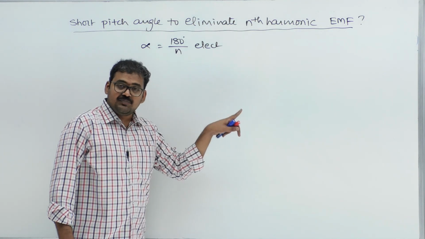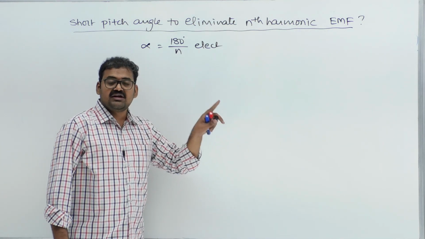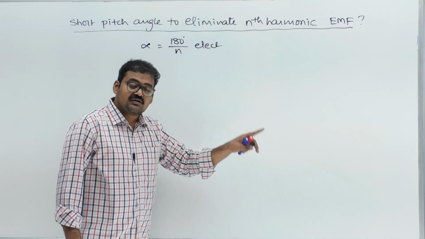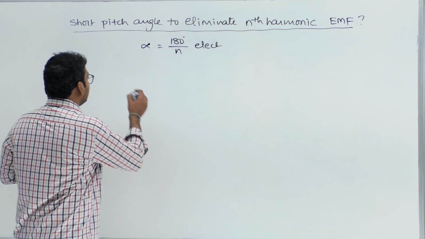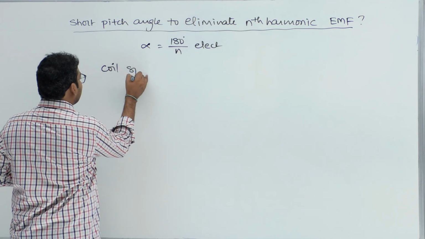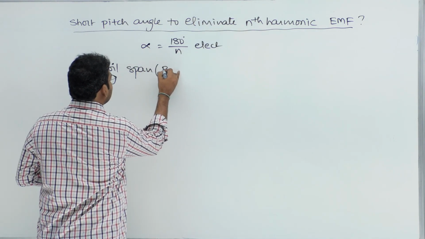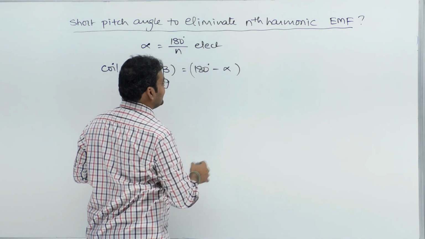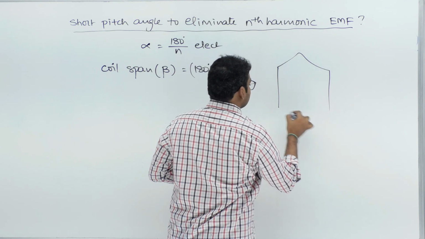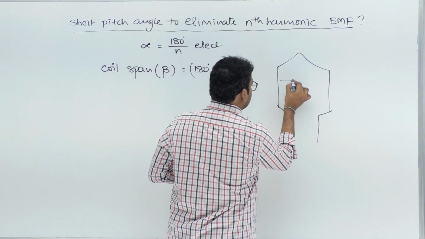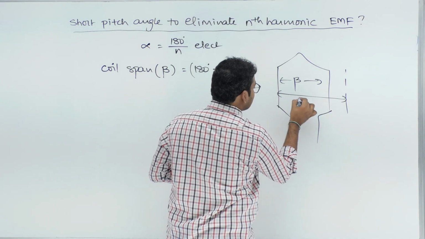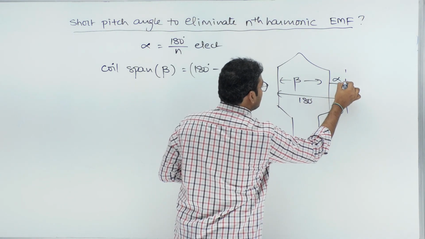If this is the short pitch angle required to eliminate nth harmonic EMF, then what is the coil span during this condition? We know coil span beta is always equal to 180 degrees minus short pitch angle alpha, because this is the coil. This is coil span beta. This is the full pitch 180 degrees. This is short pitch angle alpha.